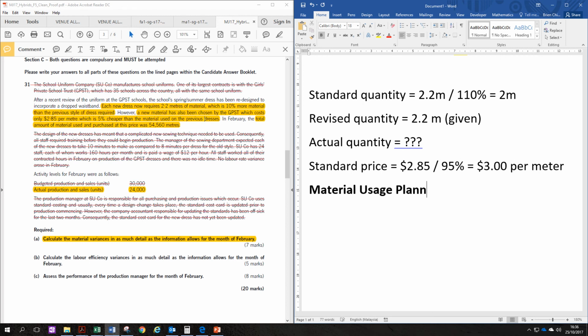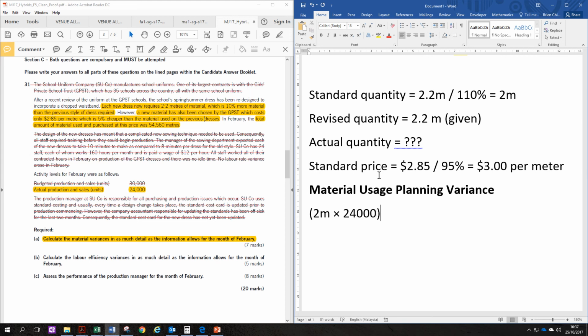usage planning variance. Now, whenever we calculate planning and operational variances, we want to use the actual quantity, right? So our first quantity we need to calculate will be 2 meters multiplied by the actual number of units you plan to sell, which is 24,000.